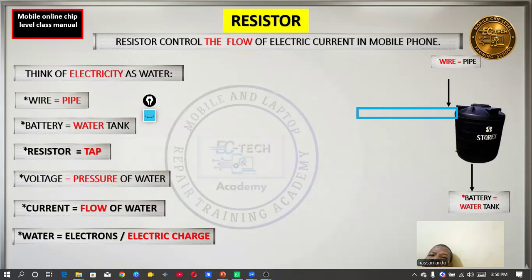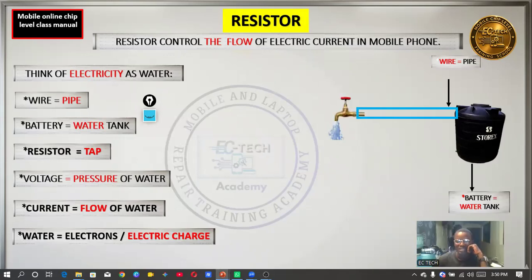Now our wire, we represent as a pipe. The tap is the resistor. Resistor is a tap. Now these are the electric charges inside the pipe, which we represent as water.